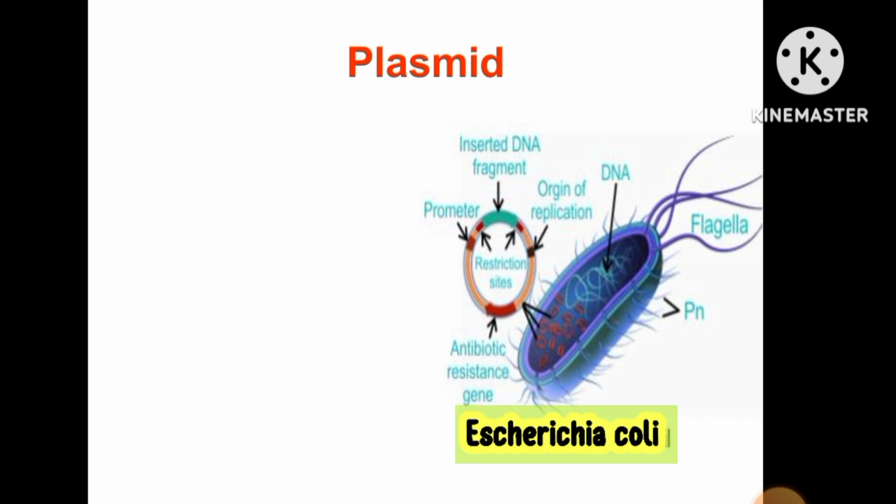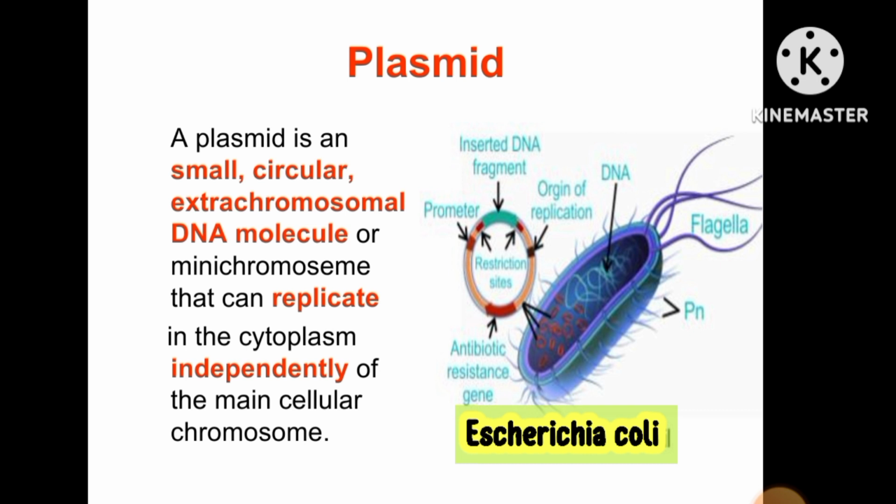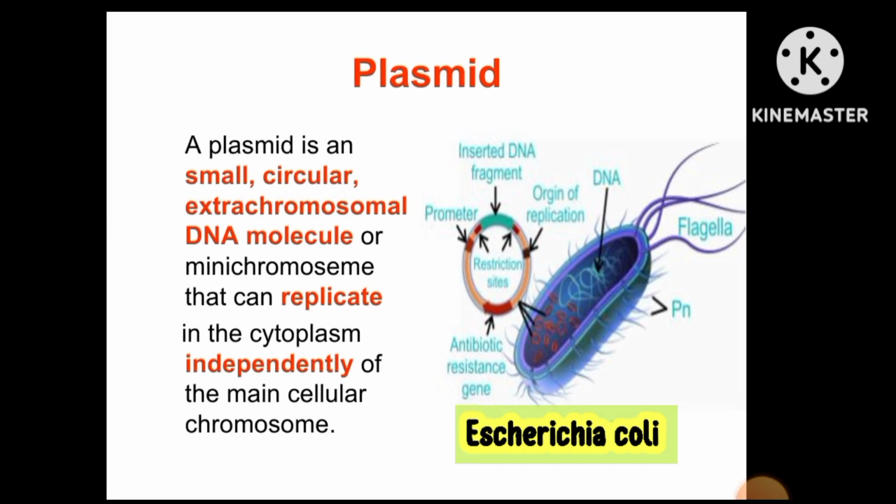So now come to the plasmids. Plasmids are extrachromosomal small DNA molecules which have their own origin of replication. It is completely independent of the bacterial genetic material. A plasmid consists of very few genes which are not necessary for the survival of the bacteria. Even in some cases it has been seen that plasmids can be eliminated.